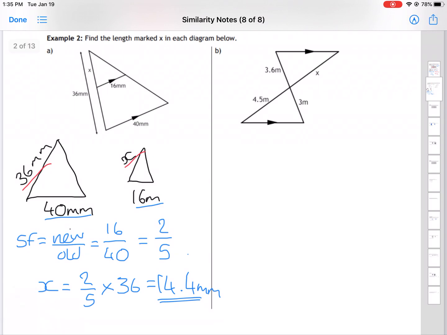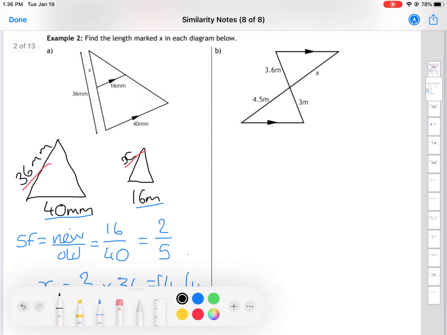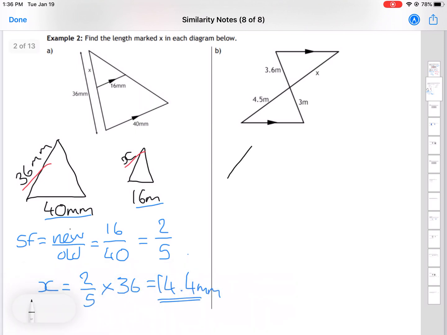The next question here, I am going to do something similar. So first step is to write out these 2 triangles so that they're both facing the same way. So this bottom triangle here, I am going to take and just leave it as it is. 3 metres on that side, 4.5 metres on that side.